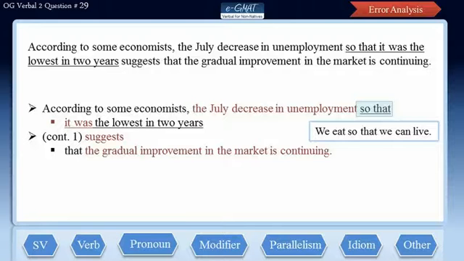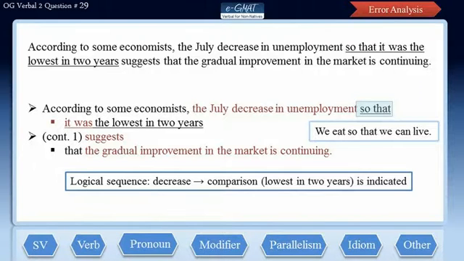Now this cannot be a logical sequence. Logically, the decrease happened first, and after that the comparison indicated that it was the lowest in the last 2 years. So the unemployment being the lowest was a consequence and not a planned purpose. So this leads to the meaning error in this sentence.